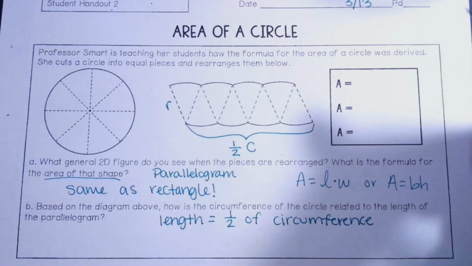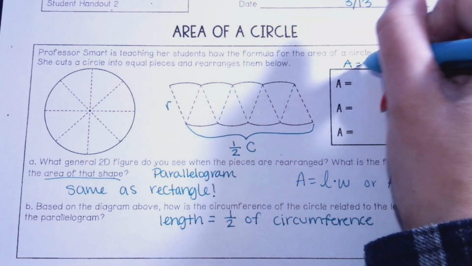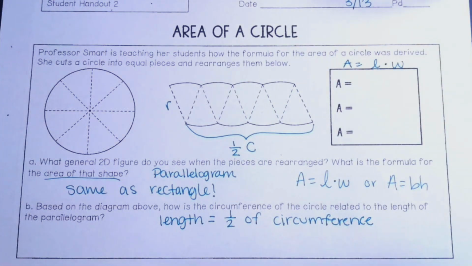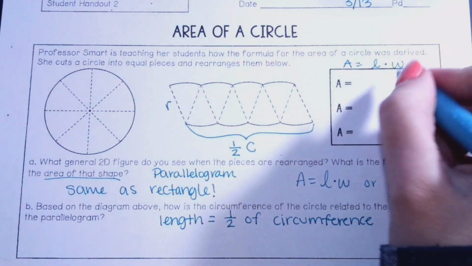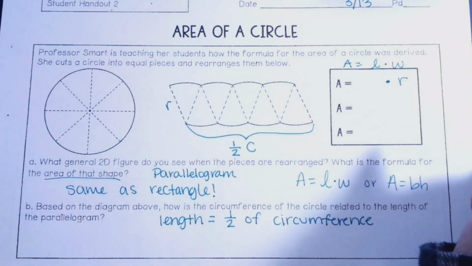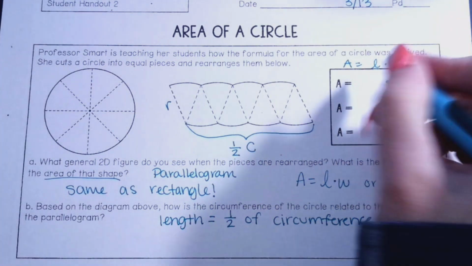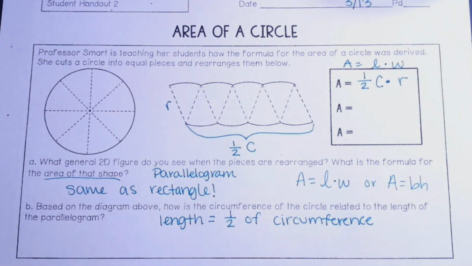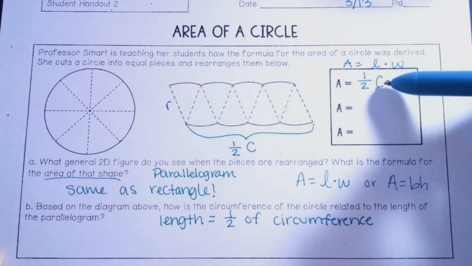This is important to know because when we fill this out, we know area equals length times width of a parallelogram. The width here is going to be r, and the length here is 1/2 the circumference, or 1/2 c. We know that we have a formula already for circumference.